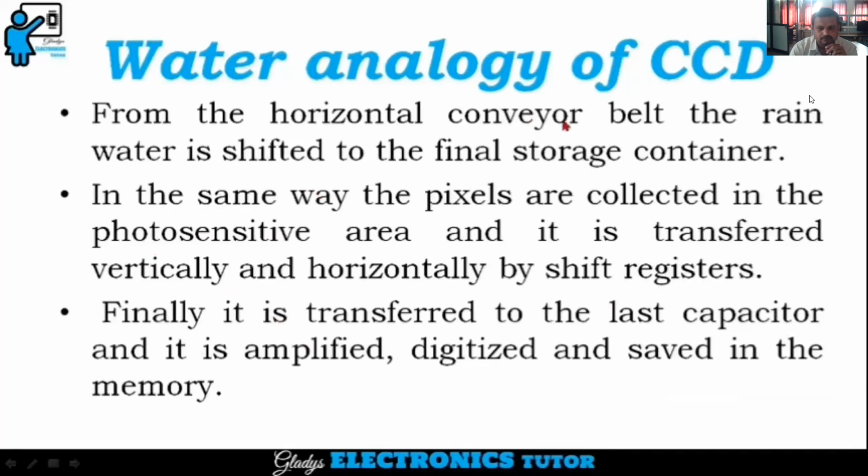From the horizontal conveyor belt, the rainwater is shifted to the final storage container. In the same way, charges are collected in the photosensitive area and transferred vertically and horizontally by shift registers. Finally, it is transferred to the last capacitor, amplified, digitized and saved in the memory.